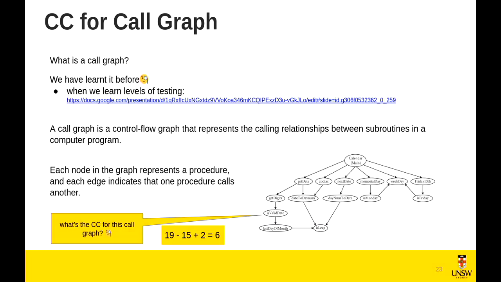Maybe a set of functions are calling each other, but they are not connected with another set of functions. So we may have multiple sub-components, and the value of P plays an important role here. This is a little bit different from how we do the calculation at the unit level.